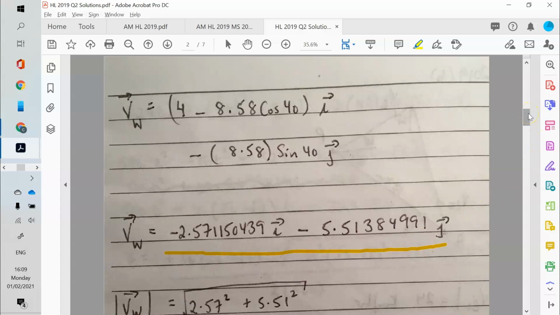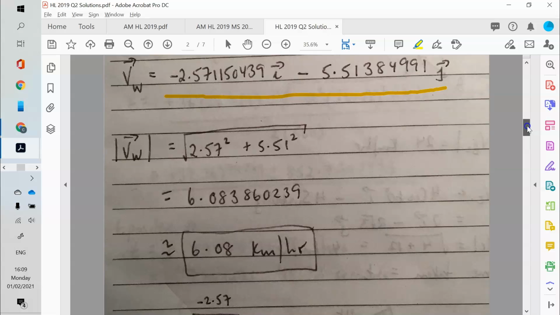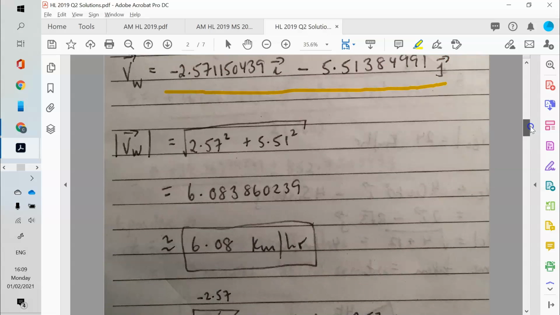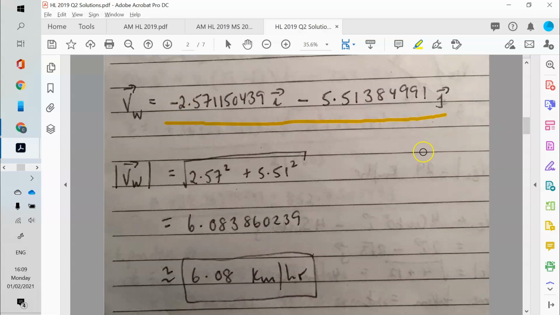We weren't asked for the velocity, we were asked for the speed and direction. So we need to get the magnitude of this vector, and we figure that to be 6.08 kilometers per hour, and then get the direction. So this is minus 2.5 in the i direction, minus 5.5 in the j direction.